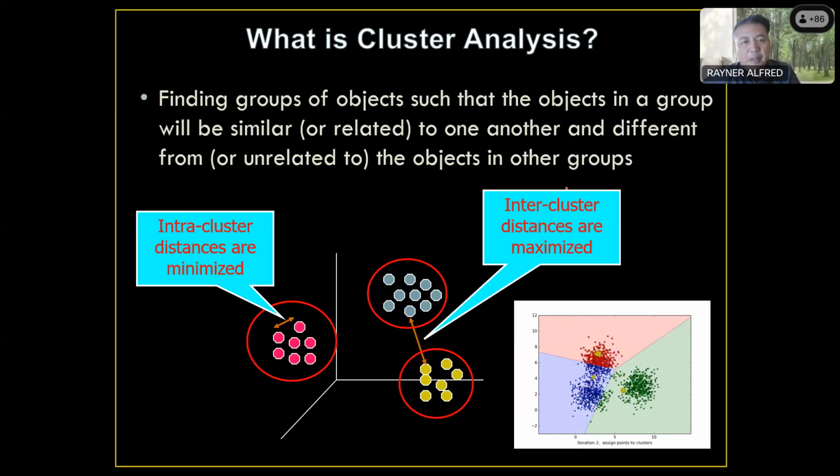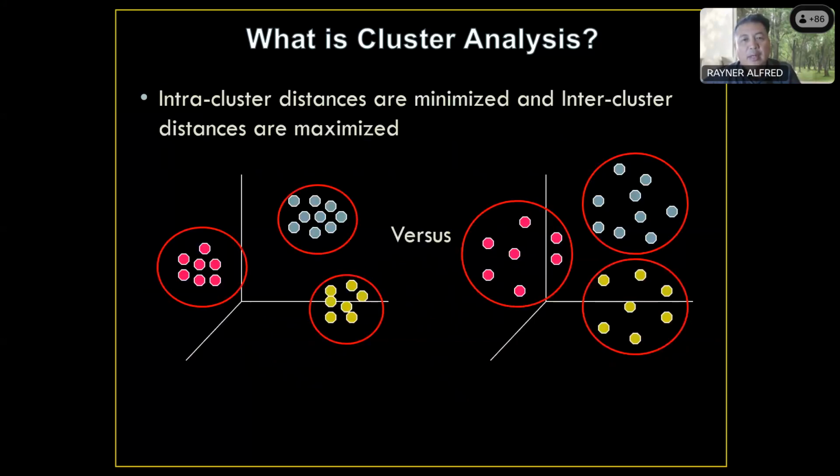Okay. So for example, if we have something like this, the clusters on your right hand side are not very good clusters because they are not very compact and they are not far away separated from each other compared to the clusters on your left hand side.